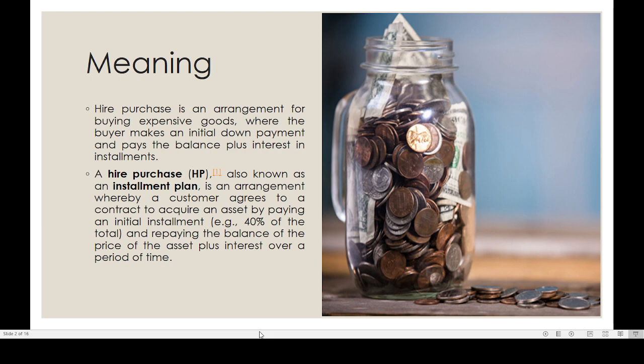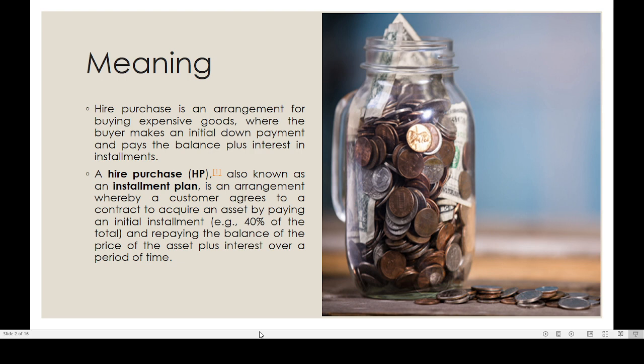In simple terms, hire purchase is an agreement for buying expensive goods, where the buyer makes an initial down payment and pays the balance plus interest in the form of installments.